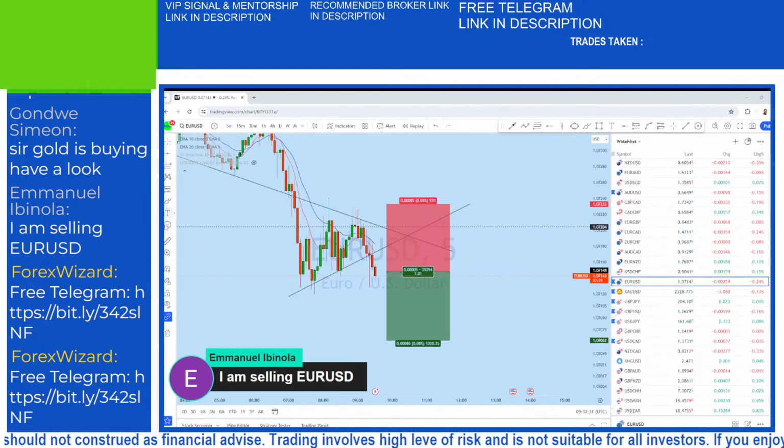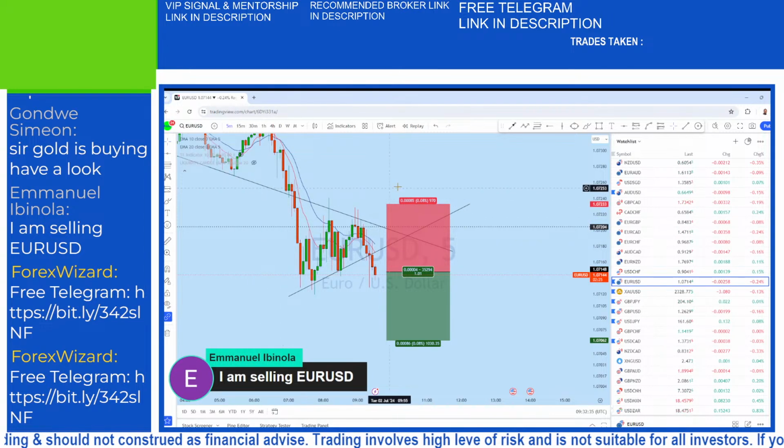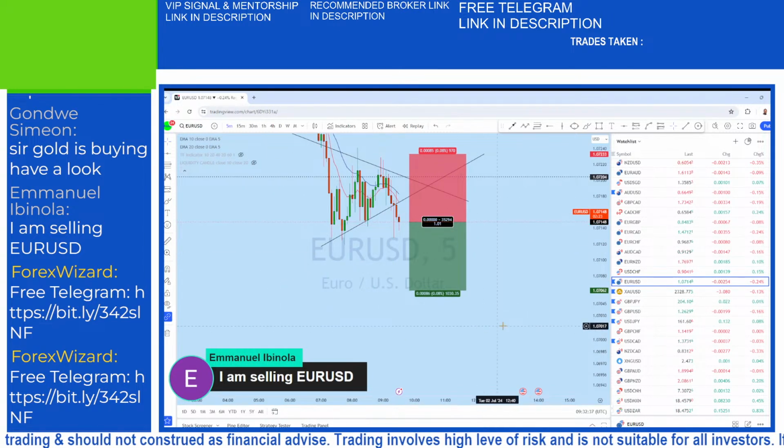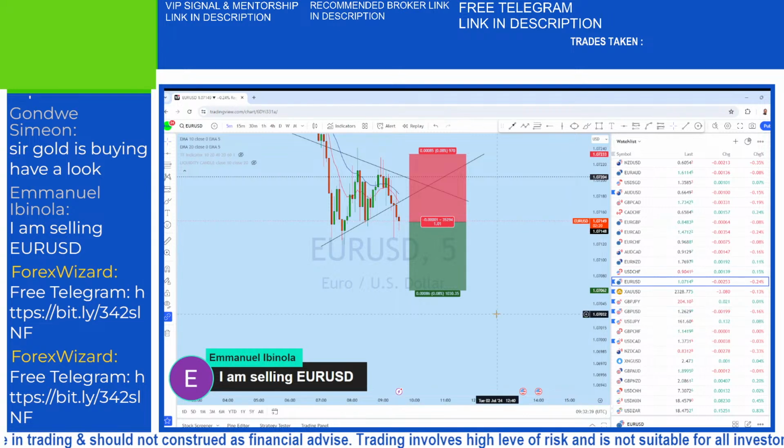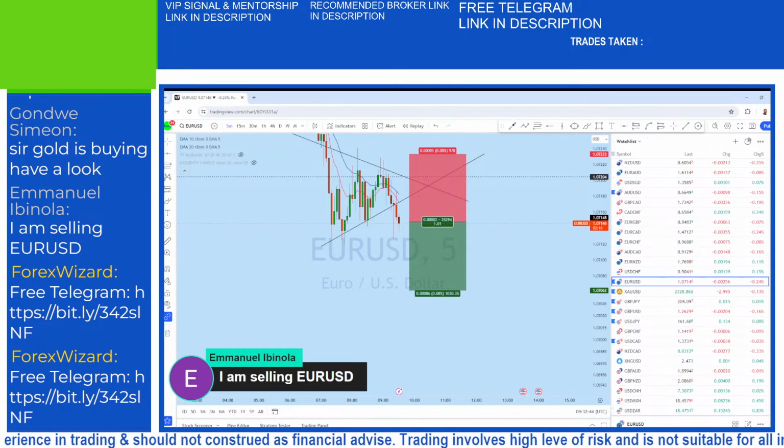So with an 8 pip stop loss, the stop loss is here at 1.0723, TP target at 1.0706. So expecting it to drop down, and we will be taking the profit once it drops in that direction.